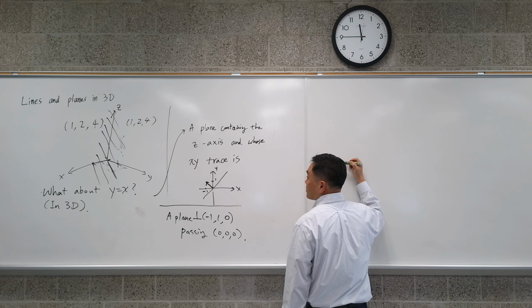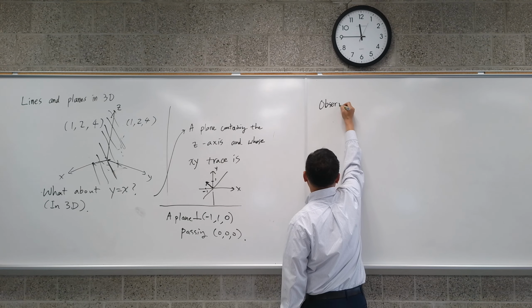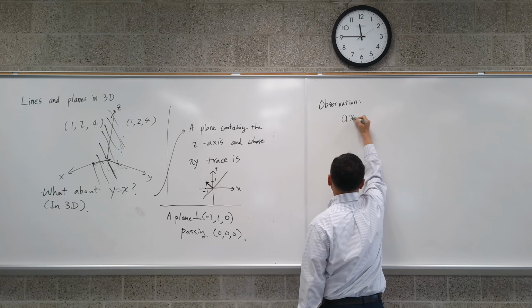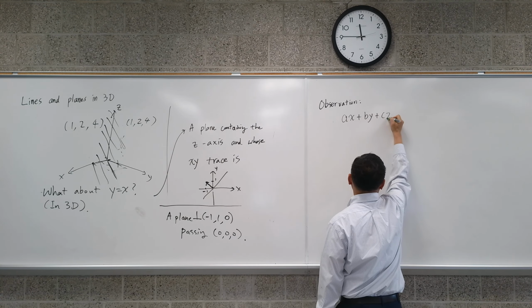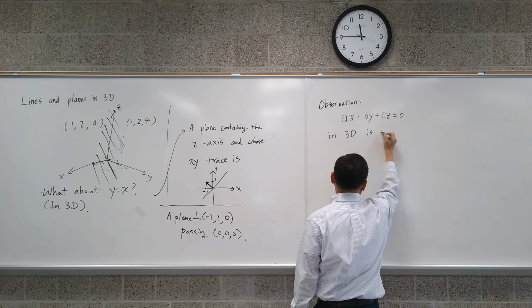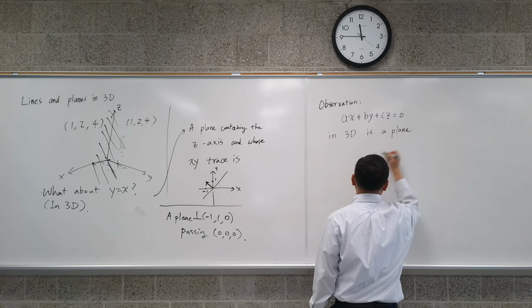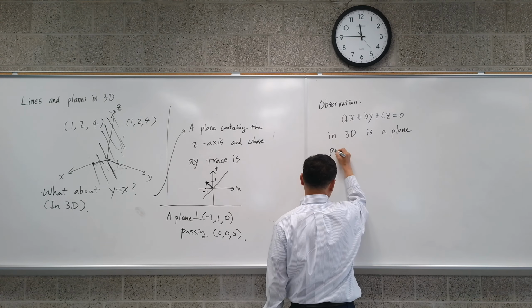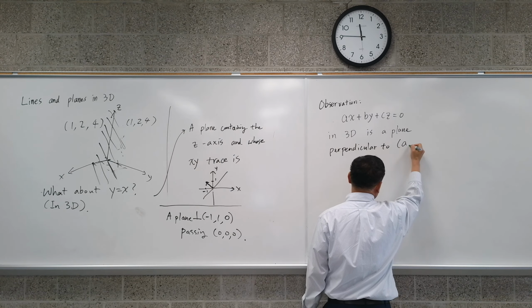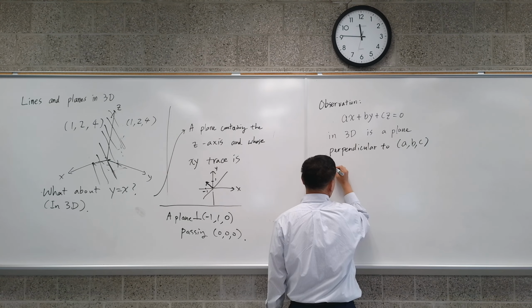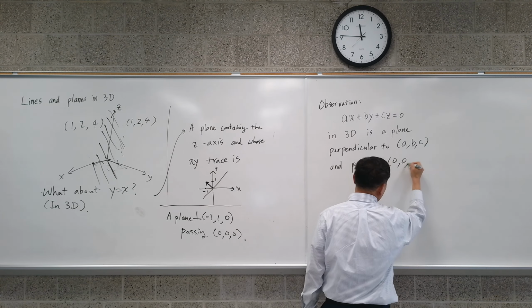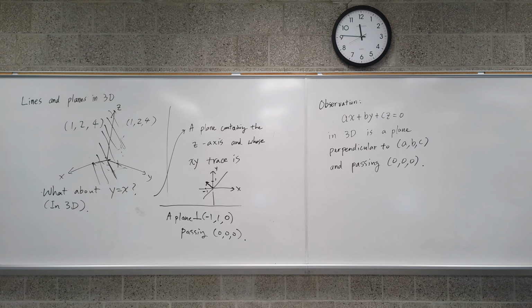All right, so observation: ax + by + cz = 0 in 3D is a plane perpendicular to (a, b, c) and passing through the origin (0, 0, 0).